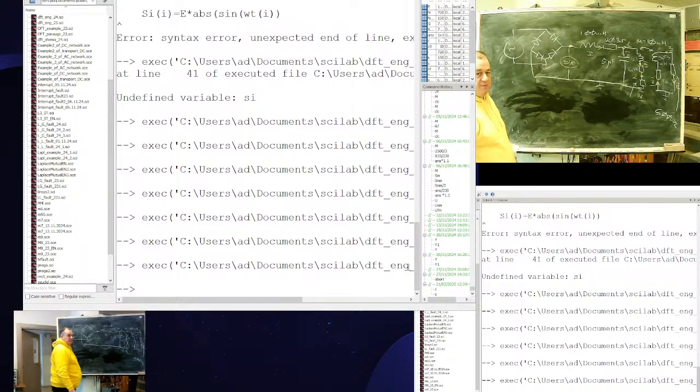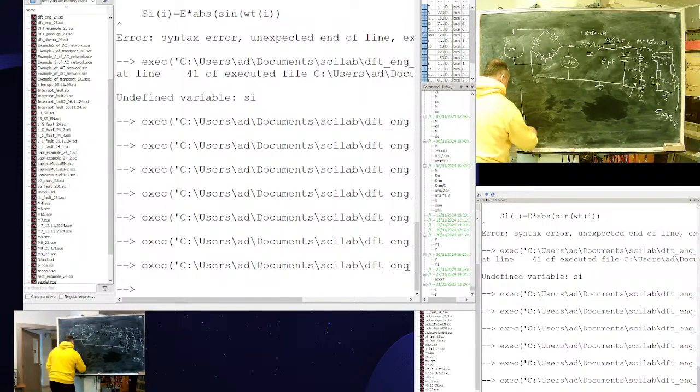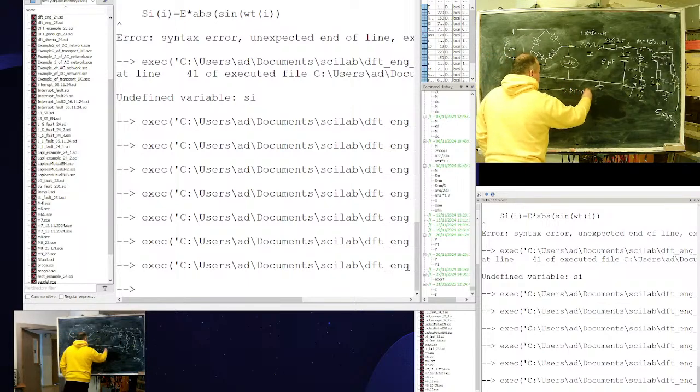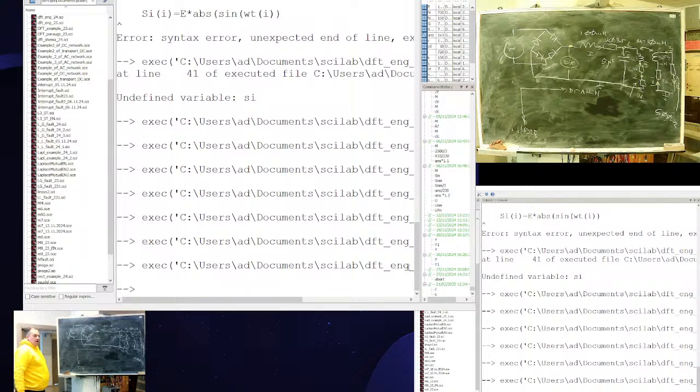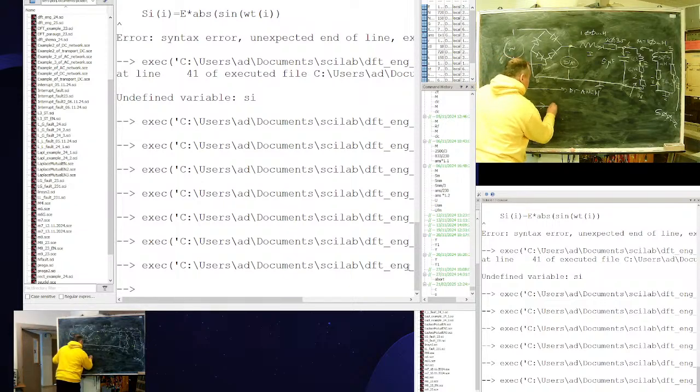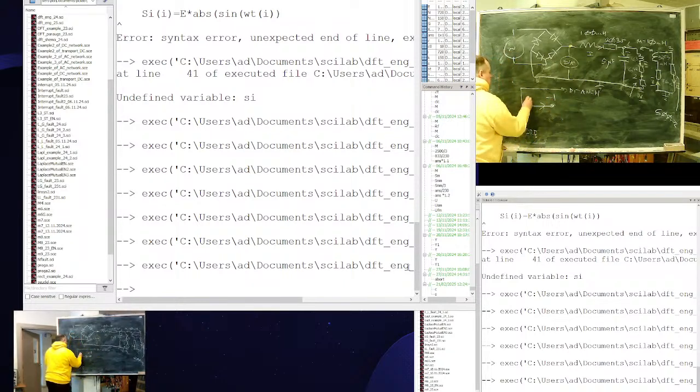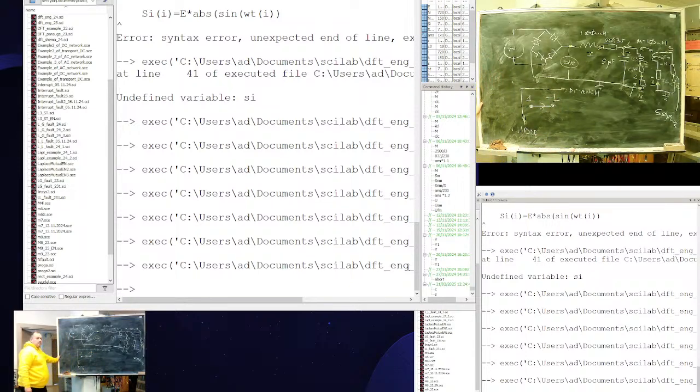Now I can conduct one very specific matrix. It's called the first matrix of incidence. Row numbers are nodes, column numbers are branches. If a branch falls into a node, you write -1. If it falls out of a node, you write 1. If there is no connection, you write 0.